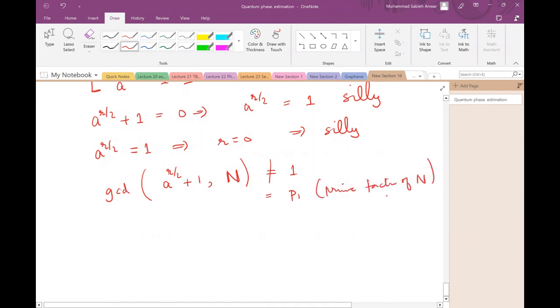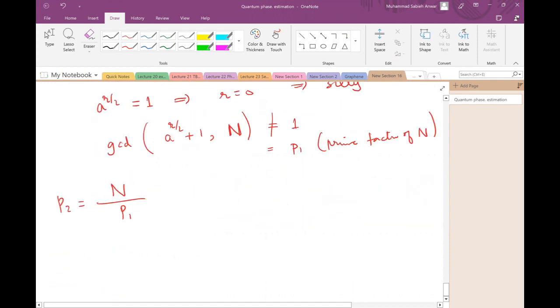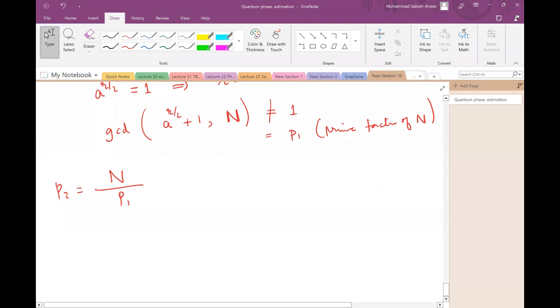And the other prime factor of n, of course, will be n over p1. So this is how we can really use the quantum phase estimation algorithm as an alternative circuit to determine the order of a periodic function. And from the order of the periodic function, we can estimate what the prime factors are.